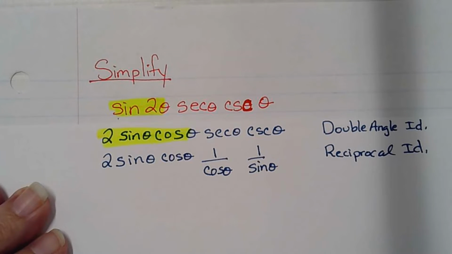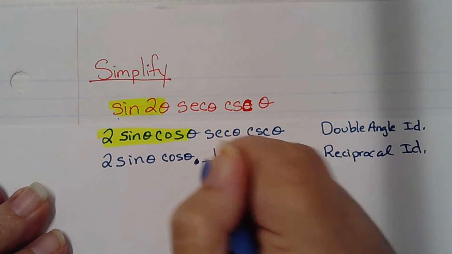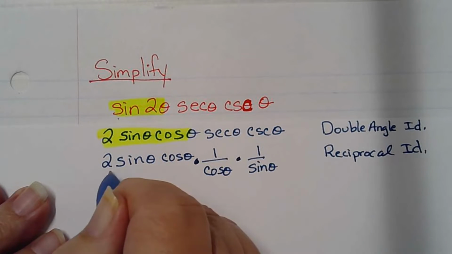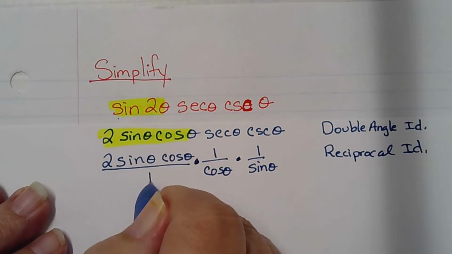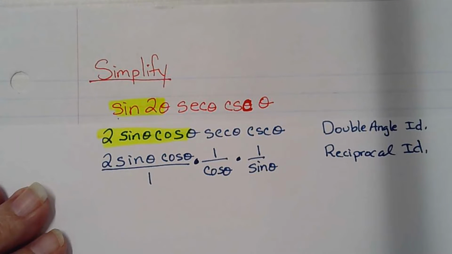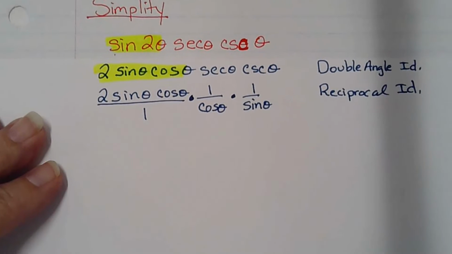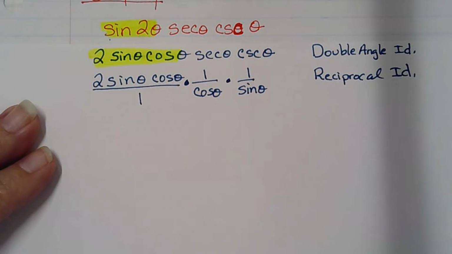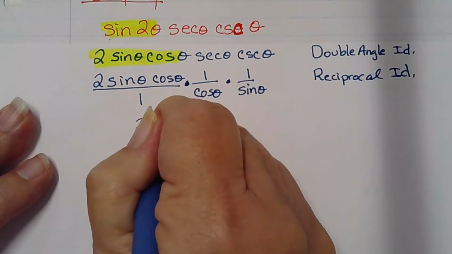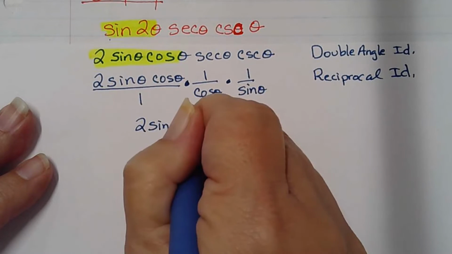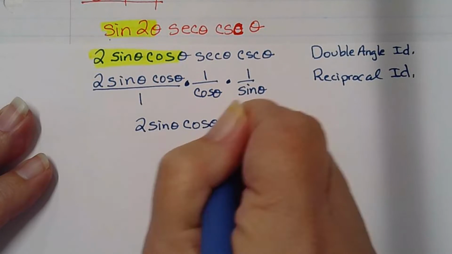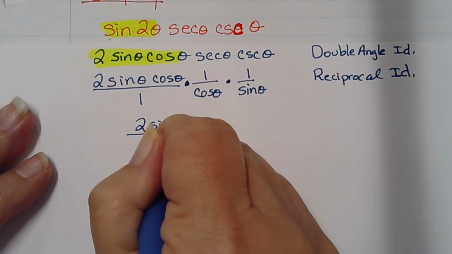Now notice that everything is being multiplied together. If you would like to place this first term over 1 to make it look like a fraction, you can. It's not necessary. And then multiplying fractions, that's no problem. Top times top and bottom times bottom. So if we carry out our multiplication, our term will just look like this.